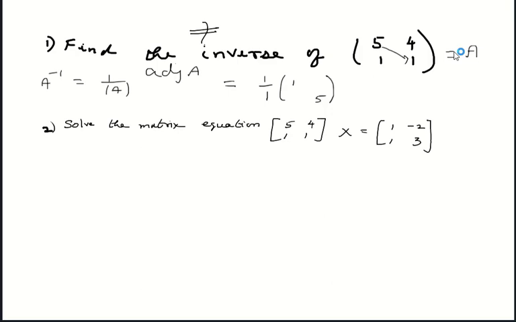So now here it is plus 4. Change the sign. So it becomes minus 4. Here you should not swap, you should only change the sign. And this also plus 1 becomes minus 1. So this is the inverse of a 2 by 2 matrix. So 1 by 1 is 1. So the final answer is 1, minus 4, minus 1 and 5. This is how you should find the inverse of a 2 by 2 matrix.